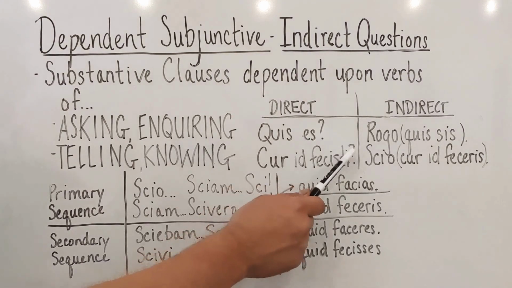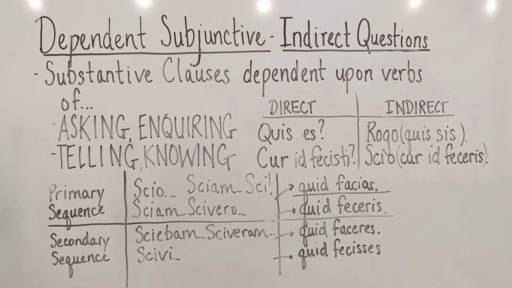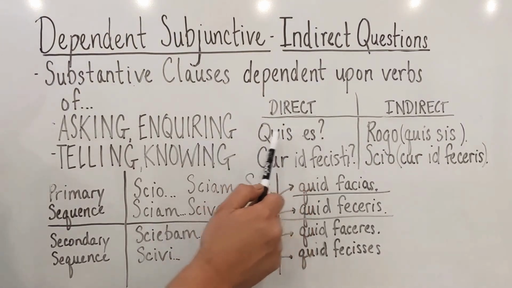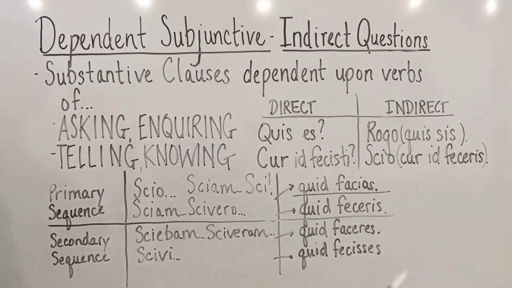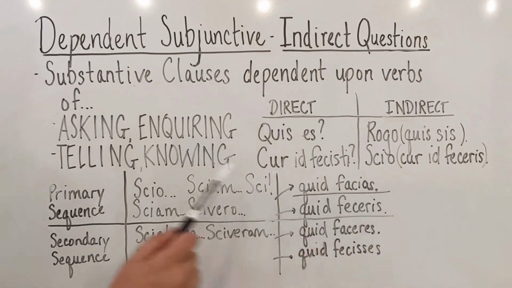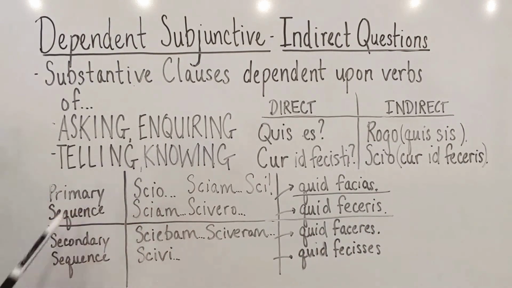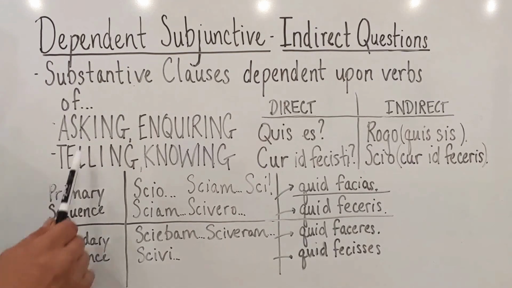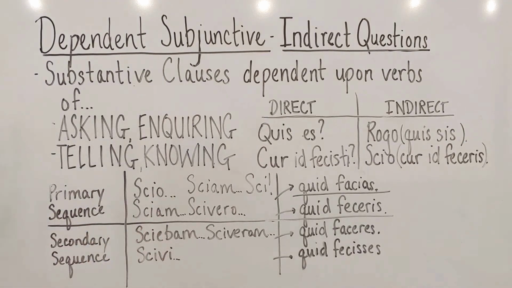With a question mark, like an indirect statement or indirect command, we're going to recast this direct interrogative indirectly. It will be dependent upon a verb of asking, inquiring, telling, or knowing, just like an indirect statement is the object of verbs of saying, speaking, knowing, hearing, perceiving, feeling. So realize that Latin verbs don't just take one clause.